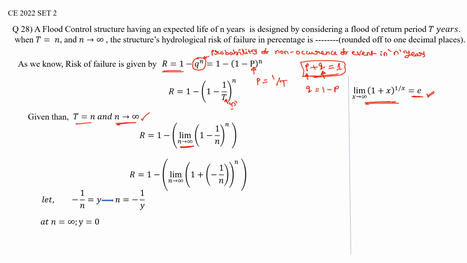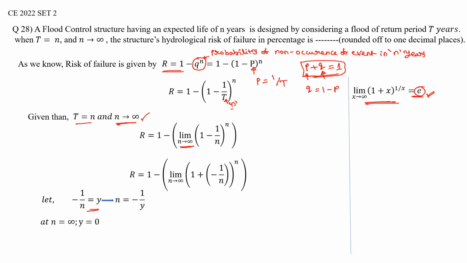So we will shuffle the terms in such a way that we can get this particular exponential value e. That is our aim here. So now 1 plus, minus 1 by n, whole power n. Now let's assume minus 1 by n equal to y.